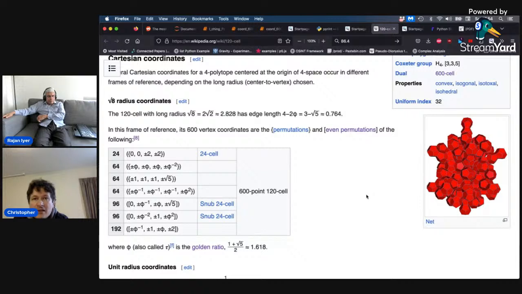But if it's at the center of each 24 cell in the 600 cell, then that's 5 copies of the graviton. Then we multiply each of those gravitons by all of the particles in the 600 cell. It's 120, so that's 120 by 5.